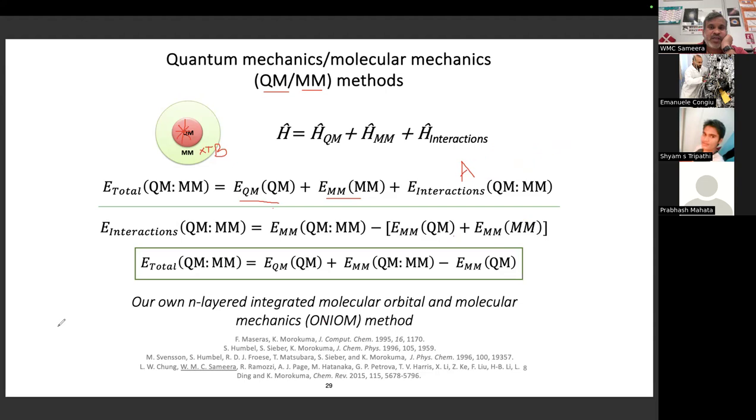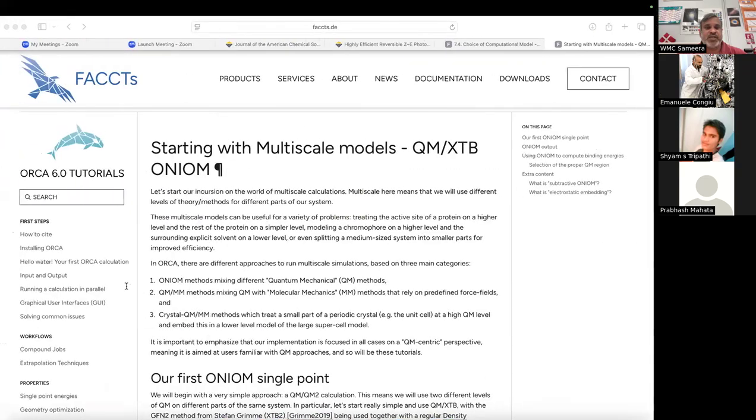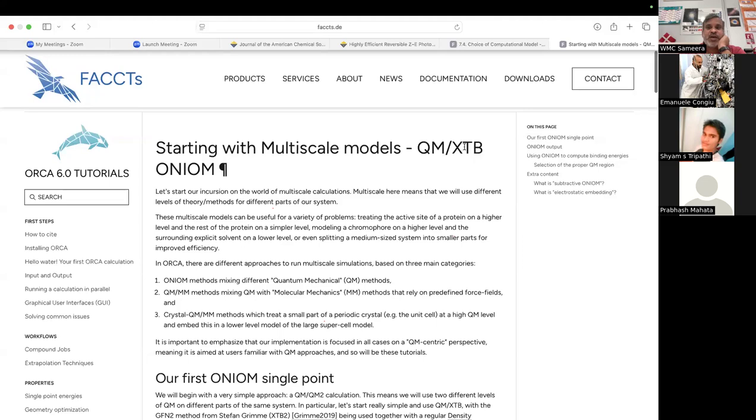Now the tutorial focused on a subtractive method. In this case, we apply quantum mechanics to one part of the molecule, and the XTB method, which is more like semi-empirical or tight binding DFT, a faster method, for the other part of the molecule.